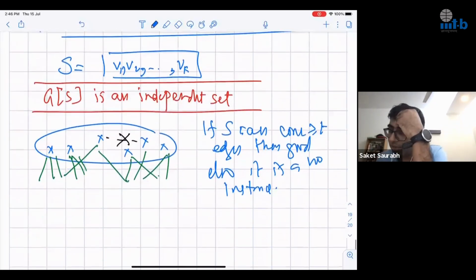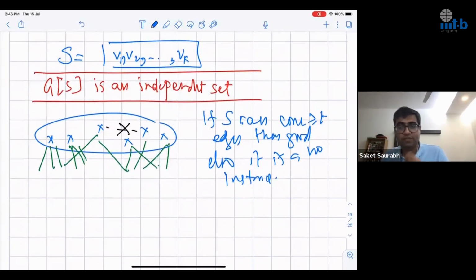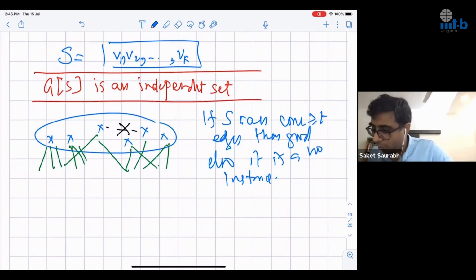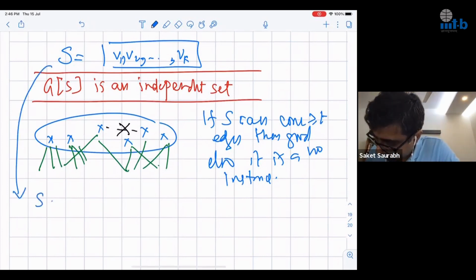The reason why this is not good, and this also should tell you why the problem is hard, is that a set which is an independent set and of high degree vertices is actually a solution. But the problem is that S may not be independent.